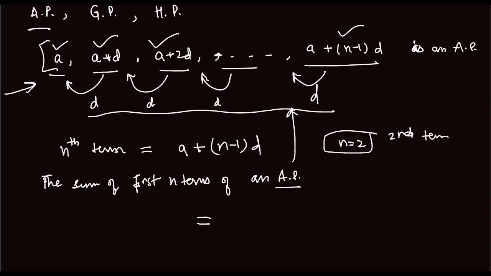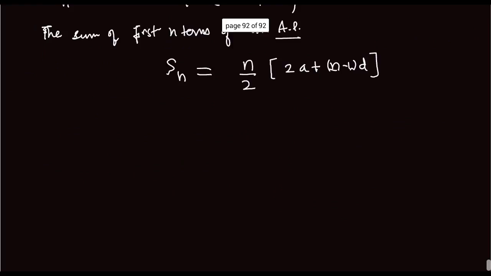The sum will be n by 2 into 2a plus n minus 1 into D. Or you can write it as n by 2 into a plus the nth term, that is an. Fine, because an is a plus n minus 1 into D, so this a and that a will become 2a.